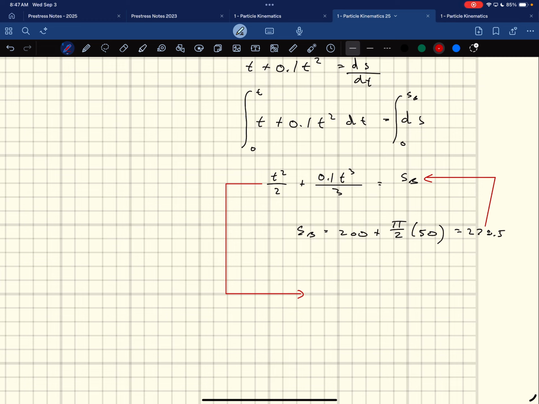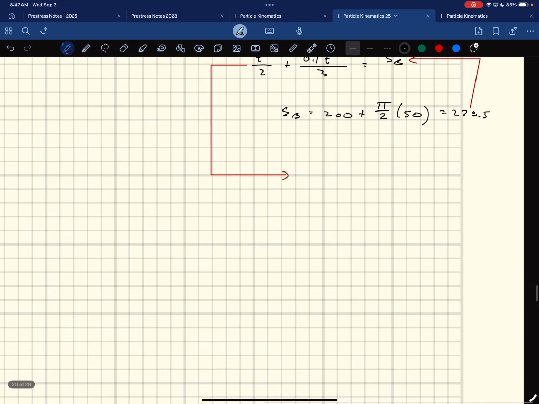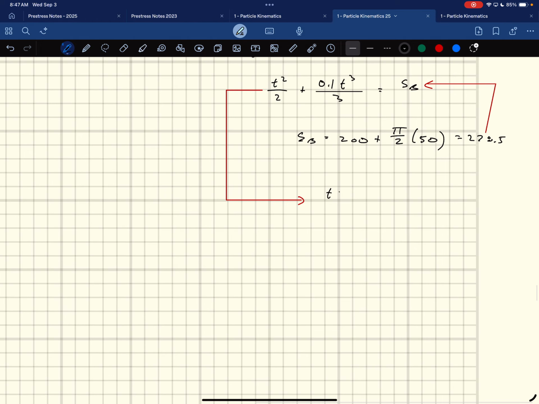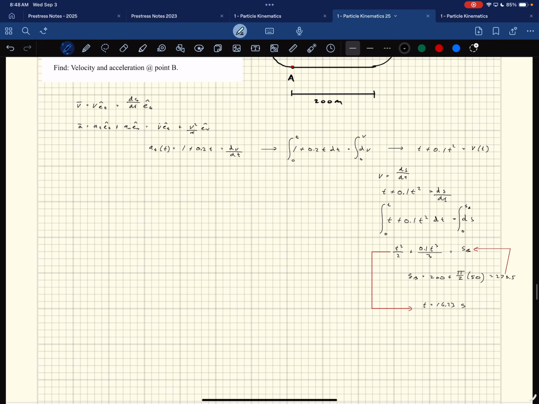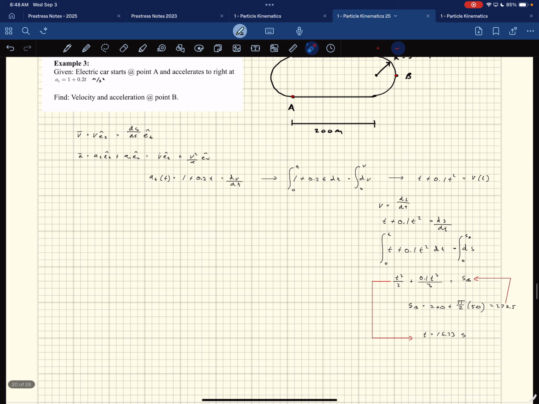You set 278.5 equal to t squared over 2 plus 0.1 t cubed over 3, and then say, what is the time? And the time that pops out right here, t is equal to 16.33 seconds. So it takes 16.33 seconds for this car to go from here to B.